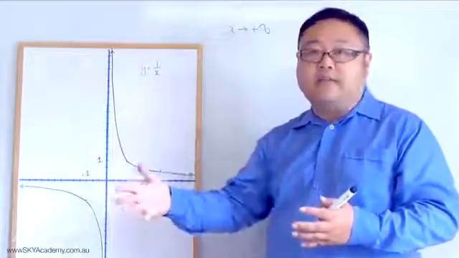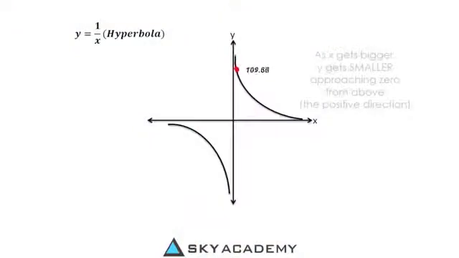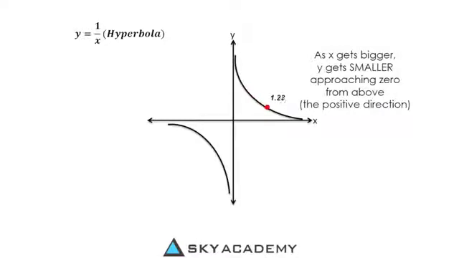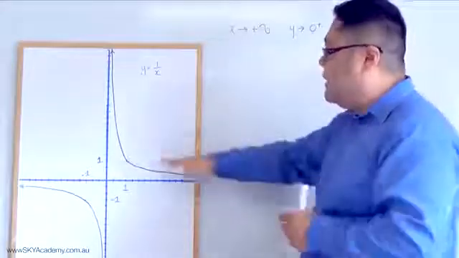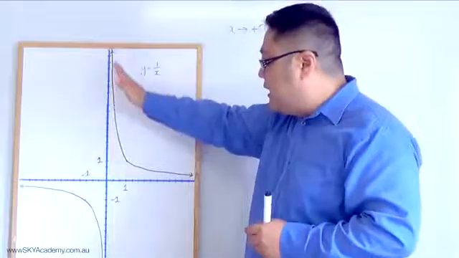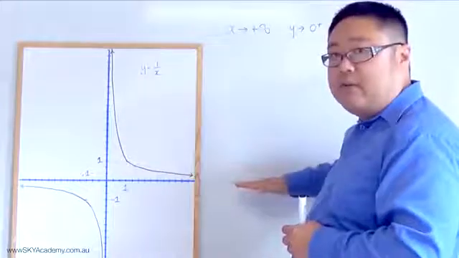You're getting smaller and smaller until you approach 0. So as x approaches positive infinity, y is approaching 0 from above. We show that by putting a little positive sign above the 0. You're starting here and approaching 0 from above.